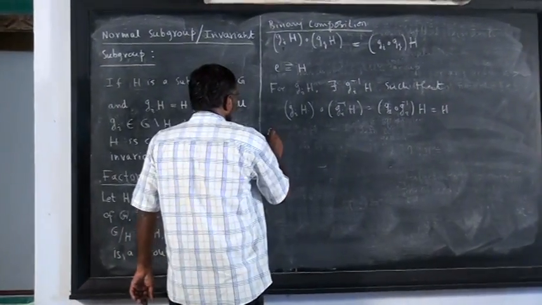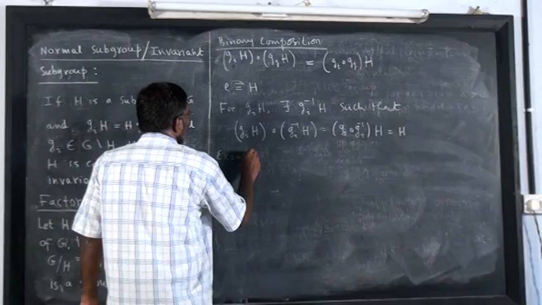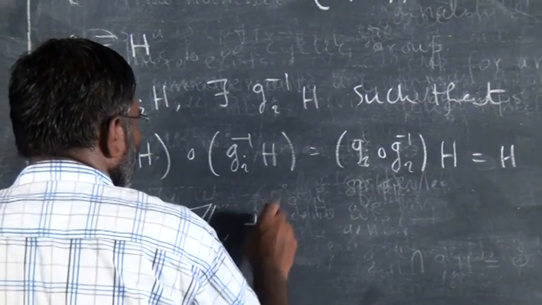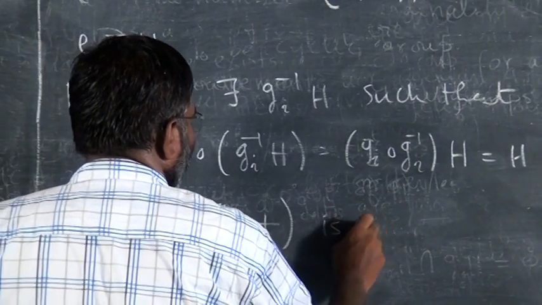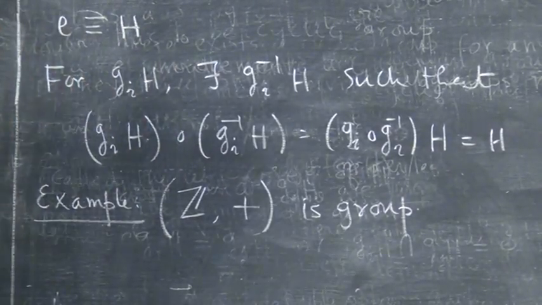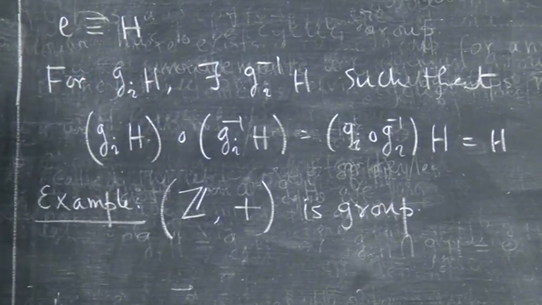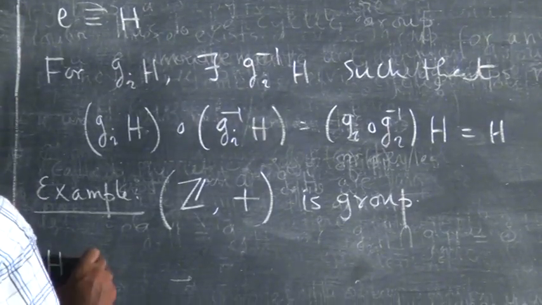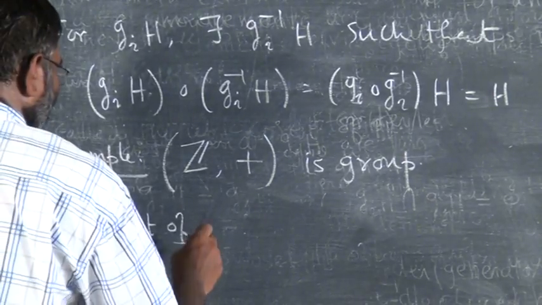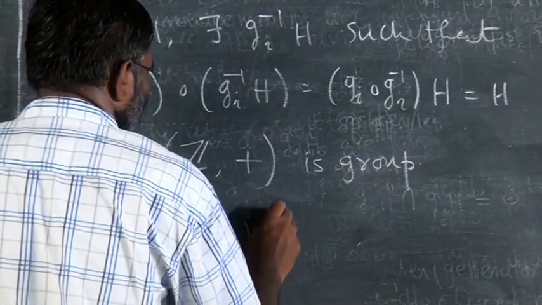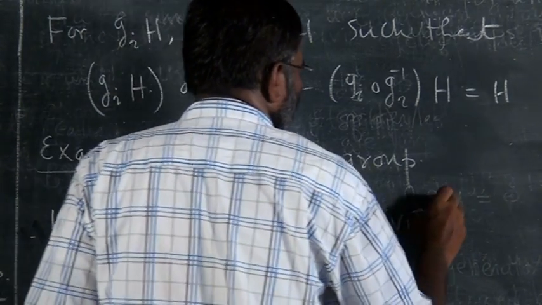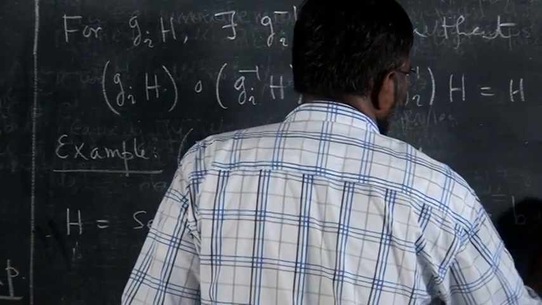Let's look at a simple example. We have considered a set of all integers under addition is a group. Now let us define H as the set of all integers divisible by 3.